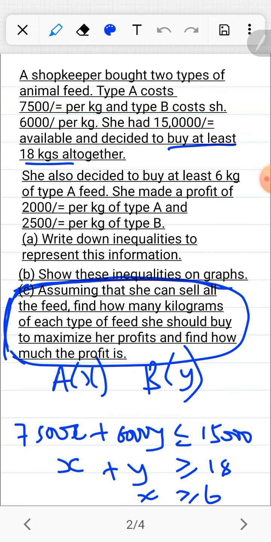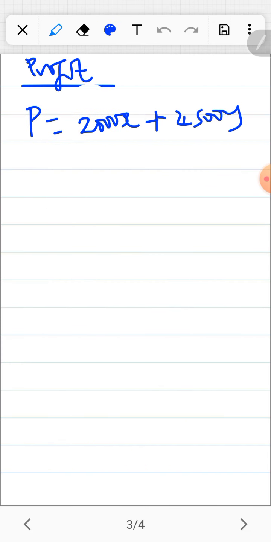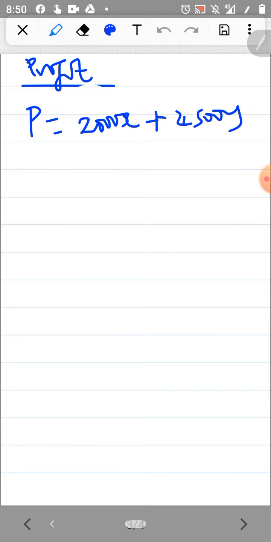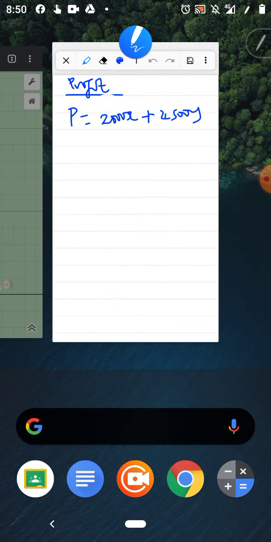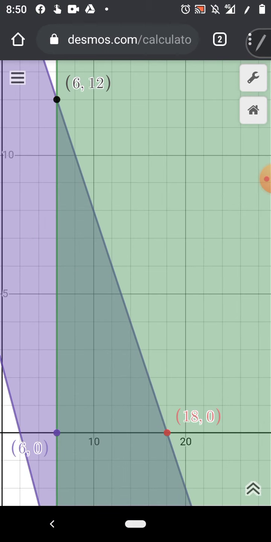Going back to my question, it asked me, assuming she can sell all the feed, how many kilograms should she buy to maximize her profits and how much the profit is? So I'm going to go to the graph, and like I said, I'll look for those points. First, look for the points at the edge of the wanted region.